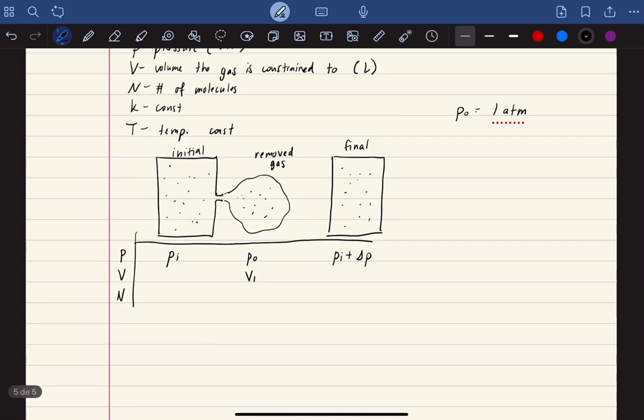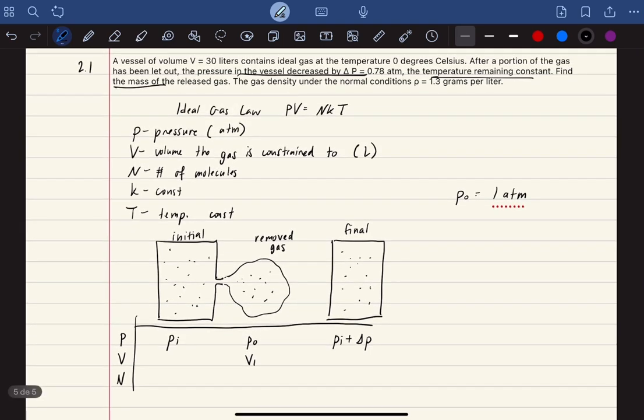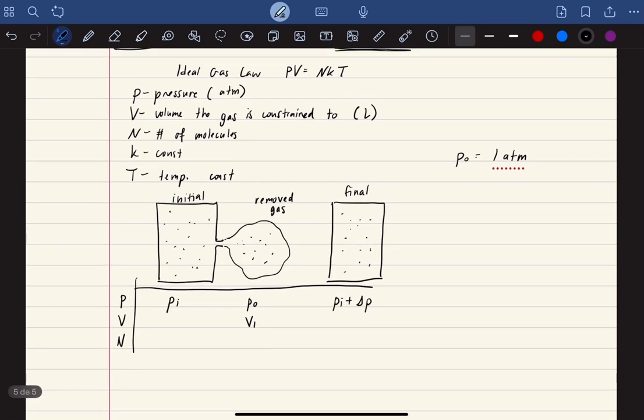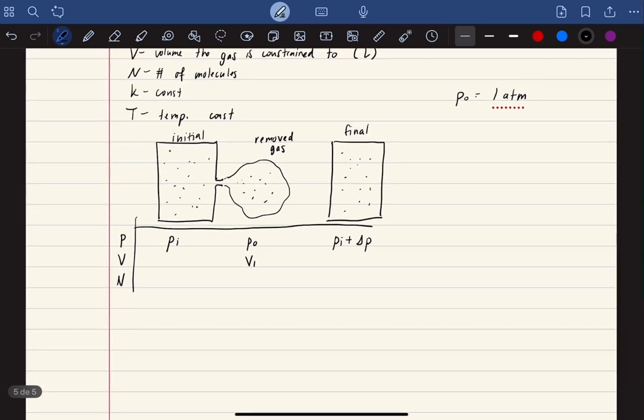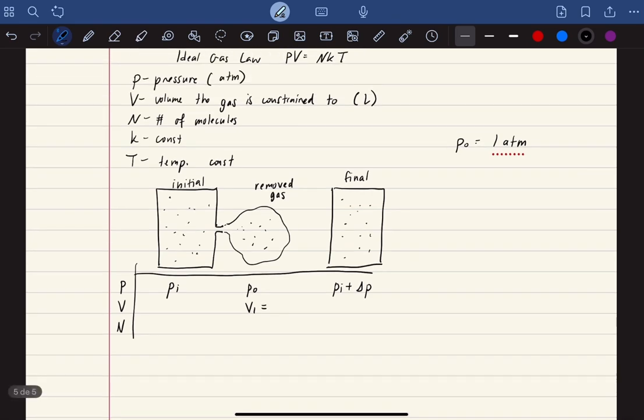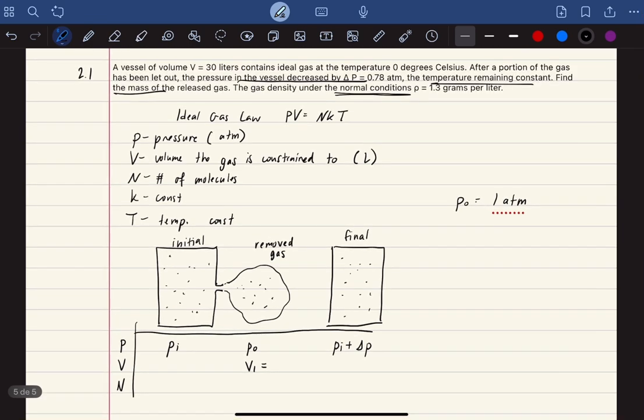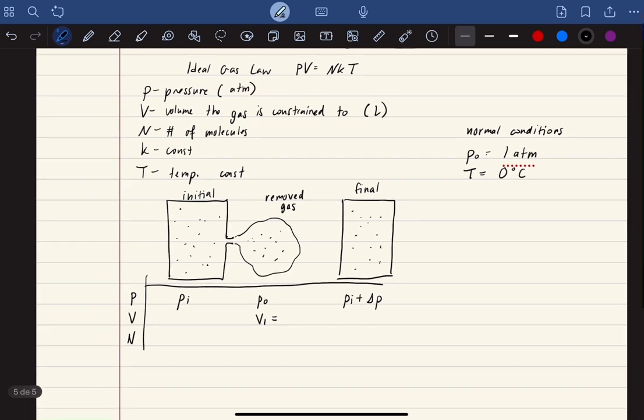We want to do that because we were given the density under normal conditions. If we release our gas into a container where it will be at 1 atm, we can use these normal conditions, because the temperature is constant. Our temperature was 0 degrees Celsius, and at normal conditions P0 is 1 atm and T is 0 degrees Celsius.